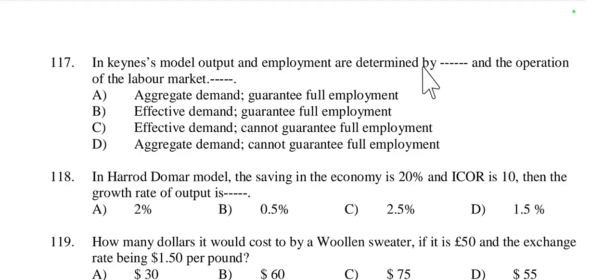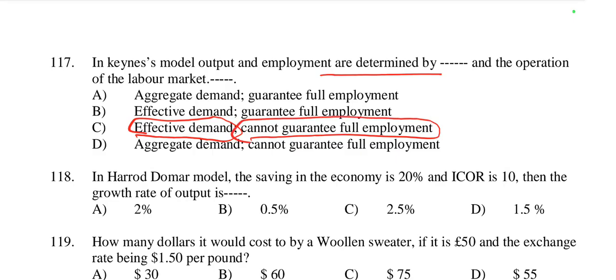Output and employment are determined mainly by effective demand, because the effective demand concept was given by Keynes. Then the operation of the labor market cannot guarantee full employment, because Keynes believed in the underemployment equilibrium.